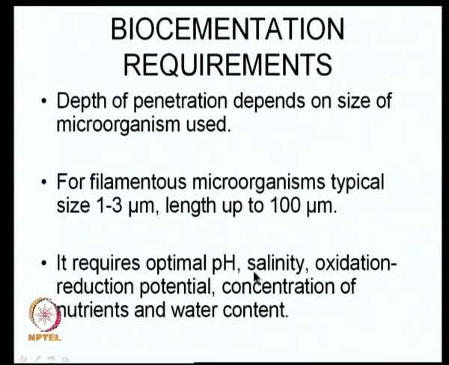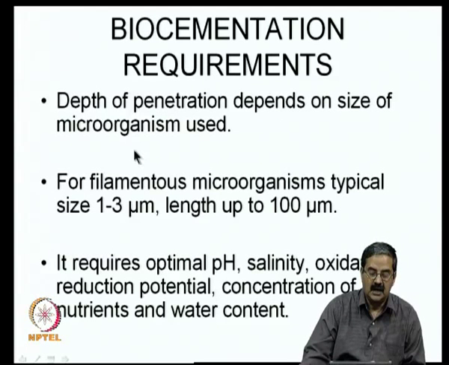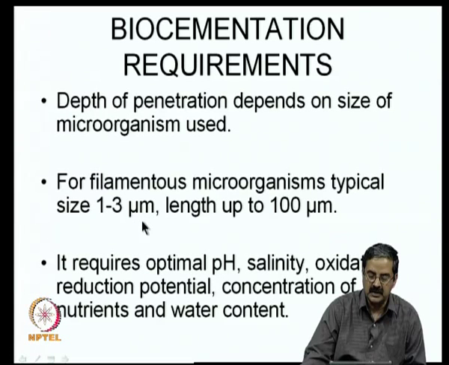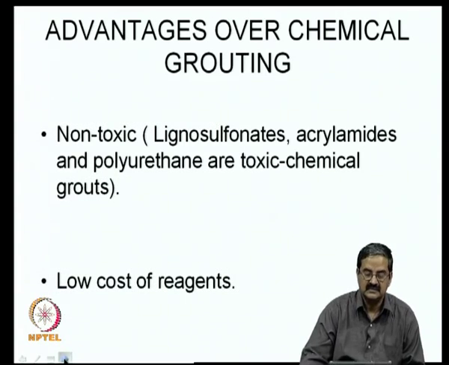But when you are trying to use these materials, as I said, the biocementation requirements are as follows. Depth of penetration depends on the size of the microorganism used. For filamentous microorganisms, typical size is 1 to 3 micrometers, with lengths up to 100 micrometers. It requires optimal pH, salinity, oxidation reduction potential, concentration of nutrition and water content.